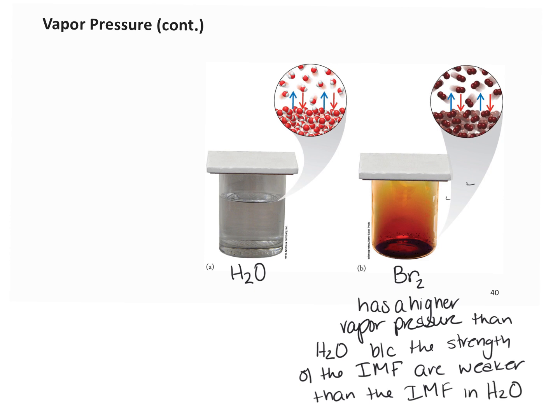What this means is the intermolecular forces are so weak in the bromine here that it's very easy for a molecule in the liquid phase to go into the gas phase because there's not very strong interactions between the molecules in the liquid phase.